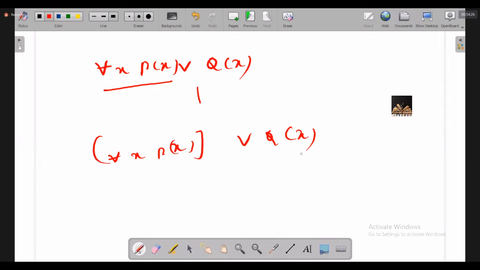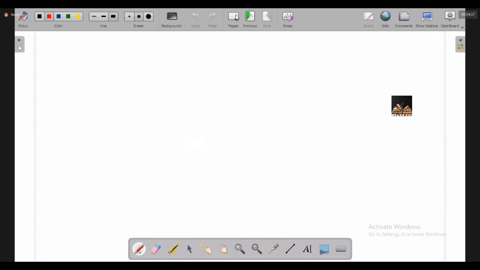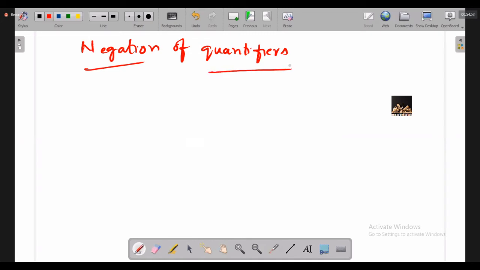negation of the quantifiers. Okay, negation of quantifiers.